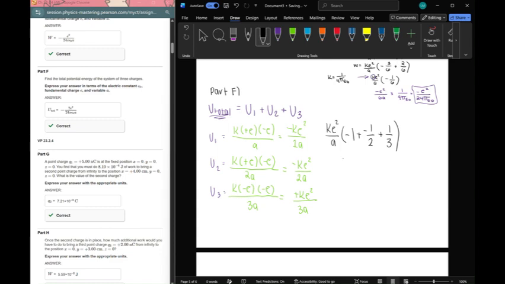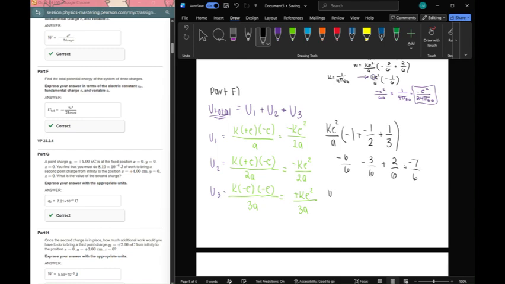So now we're gonna make them common denominators. We're gonna make them as 6. This is gonna be 3/6, and this is gonna be 2/6. Total, we're gonna add them together. This is 5, this is 6, and this is gonna give me negative 7, I believe. Yes, negative 7 over 6.